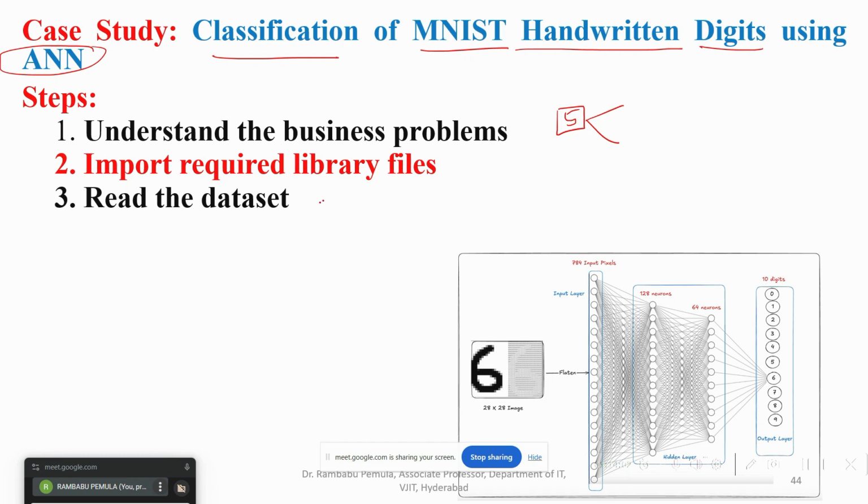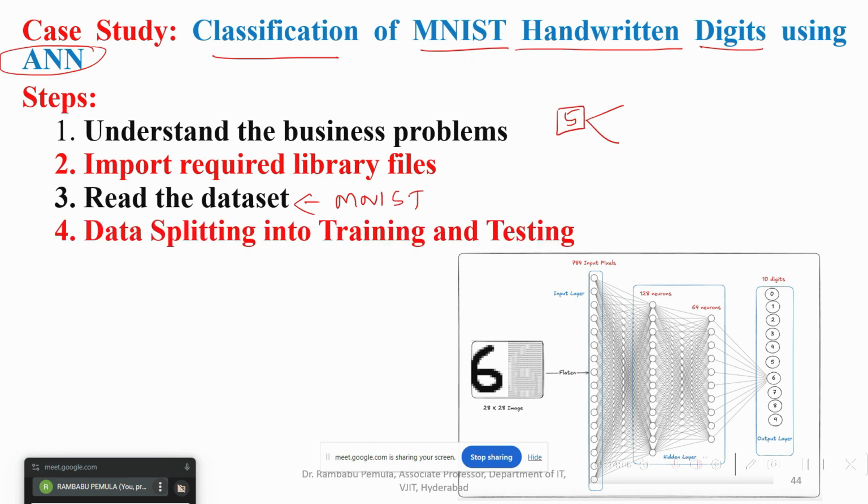Read the dataset means here the MNIST dataset, and then split the data into a training part and a testing part. The MNIST dataset contains 70,000 handwritten digits, and it contains 784 features.